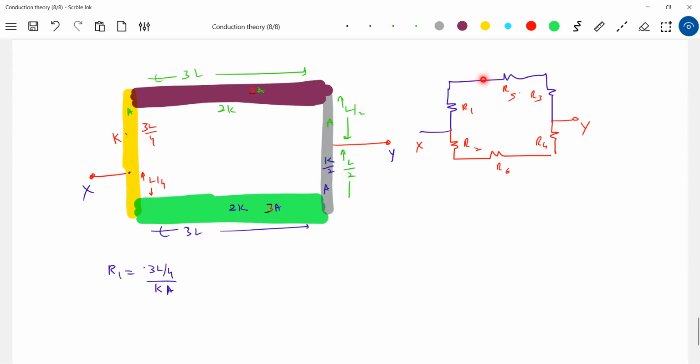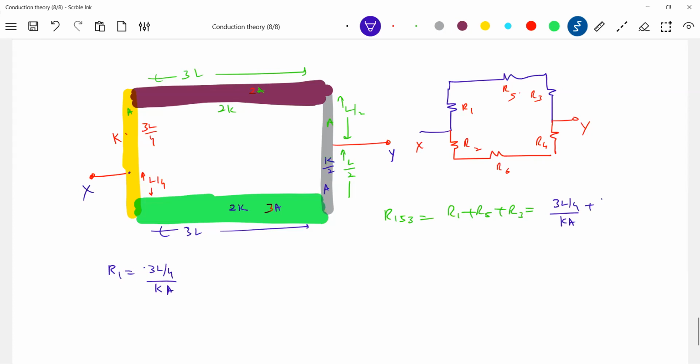So here the heat will branch. Therefore, this effective resistance will be in parallel with this one, and these three, R1, R5, R3, are in series, so I should add them up. Let me go for the upper part, R153. This will be R1, R5, R3. And what is the value of R1? 3L by 4K.